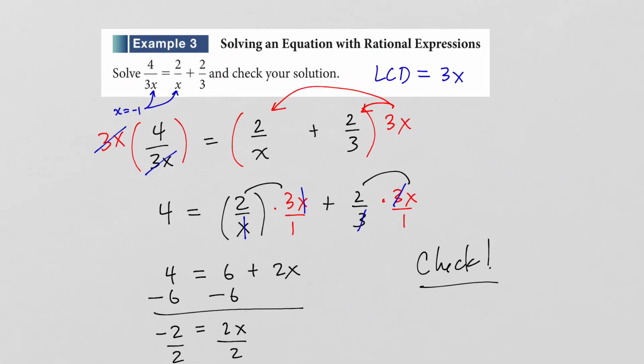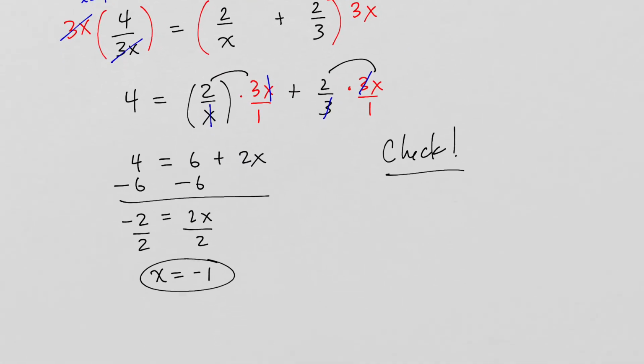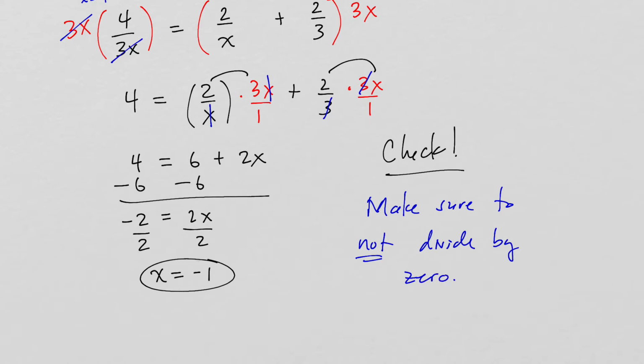So if we've done everything correctly, then the answer should be correct. Okay? So when I say check, what I really mean is make sure to not divide by 0. If your answer creates division by 0, then you have to exclude that answer. So in this case, we're good. The answer is -1.